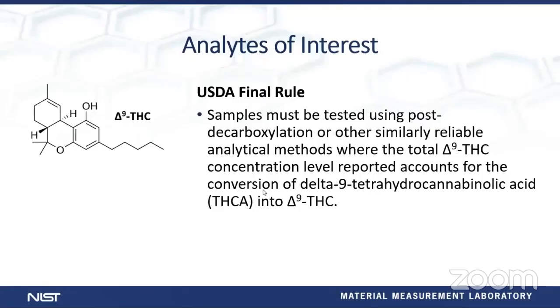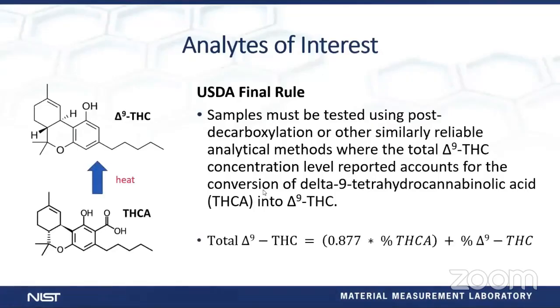So this takes into account the conversion of THCA into delta-9 THC. THCA is the acidic compound that's predominantly found in hemp samples that, under heated conditions, will convert into delta-9 THC. There's an equation here that shows how you can calculate the total potential delta-9 THC a sample may have.